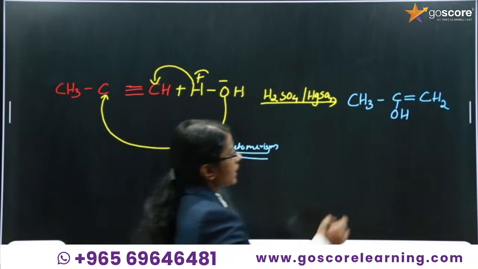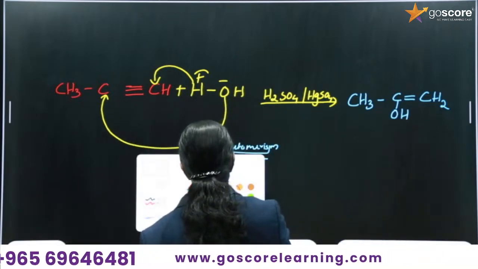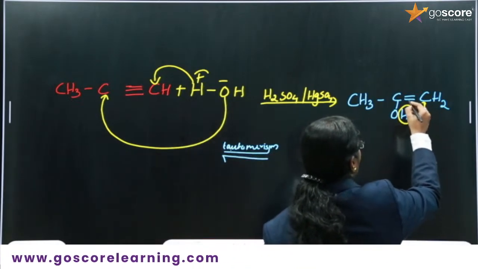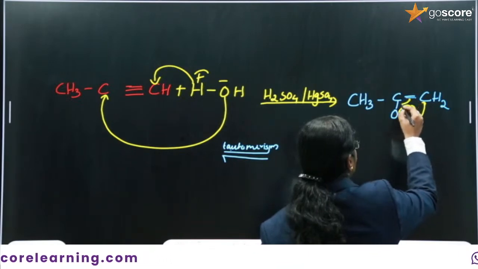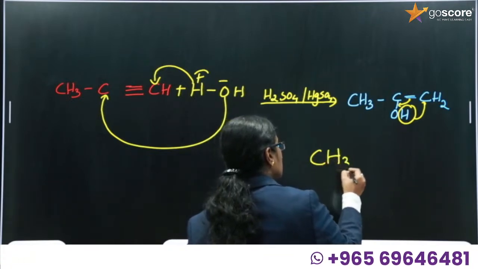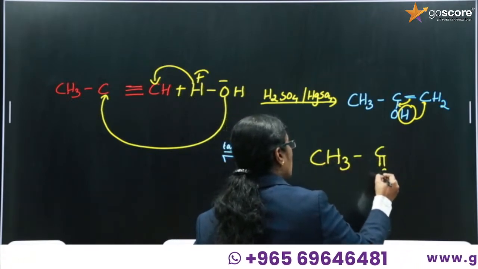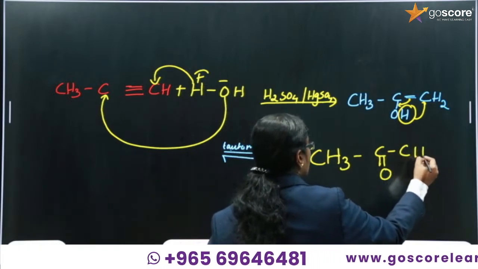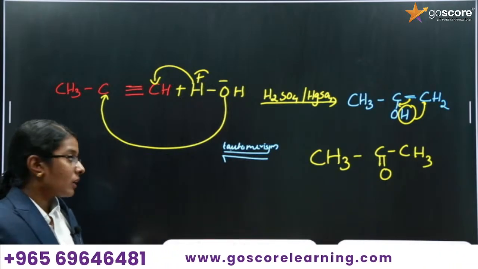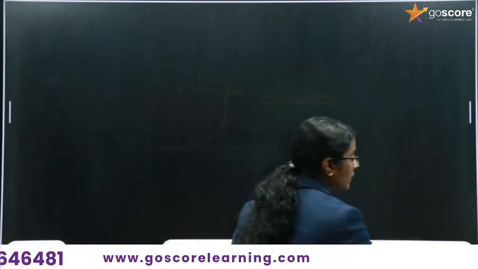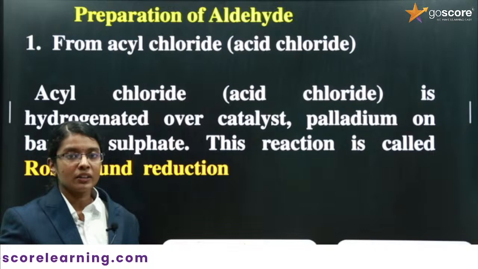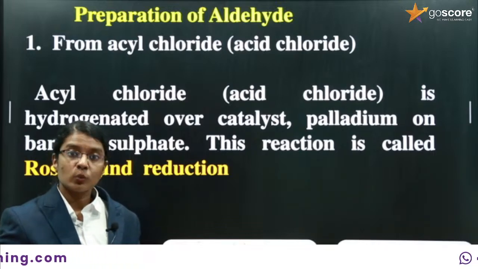This hydrogen will shift to this carbon atom and the double bond will shift, then you will get CH3 C double bond O CH3. So you will get a ketone. So only ethyne gives an aldehyde. All other alkynes will give a ketone.